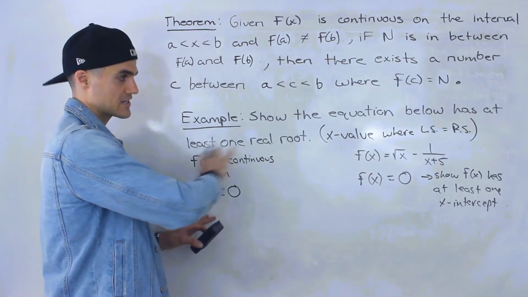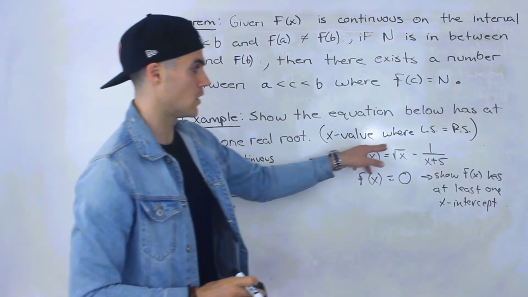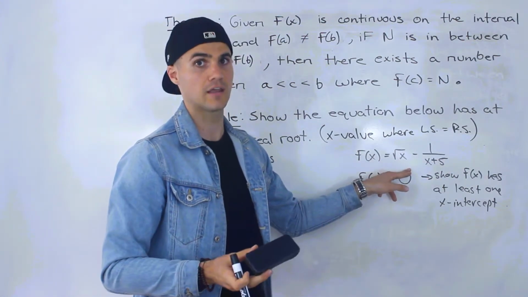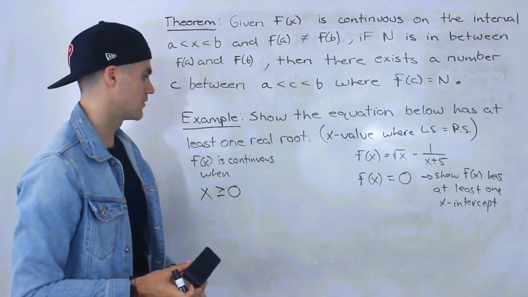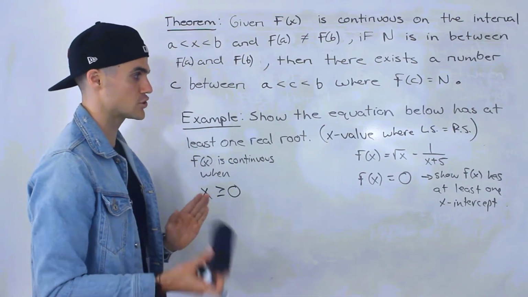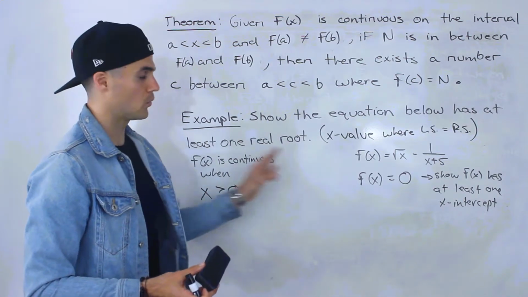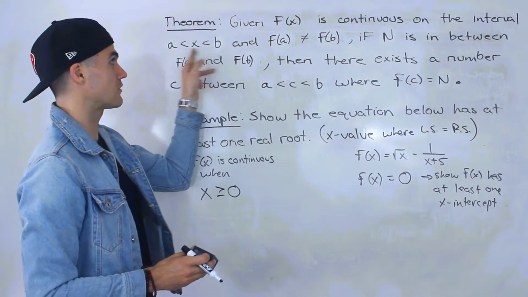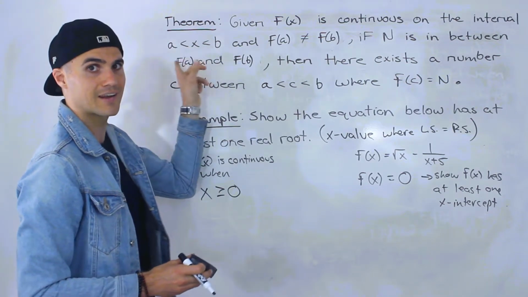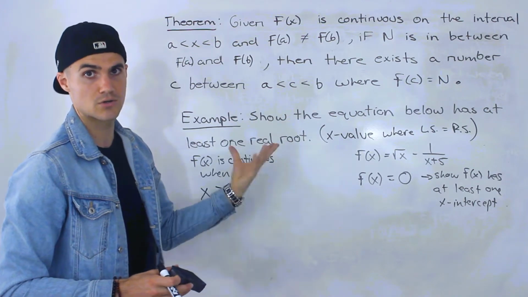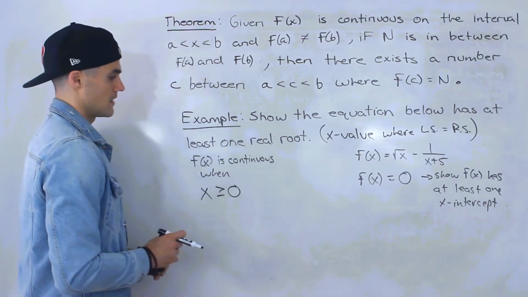Notice that any x value greater than or equal to 0 won't make this function undefined in any way. So that is pretty important to know initially. Sometimes you've got to figure out where this function is going to be continuous before you pick the interval, because you can't pick an interval where the function is going to be discontinuous or not even exist.